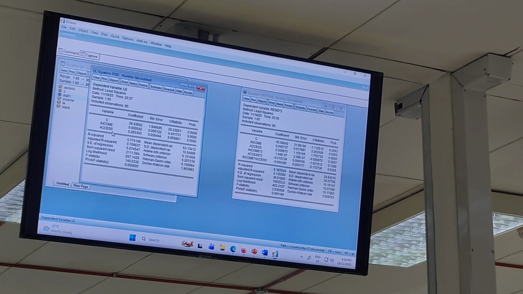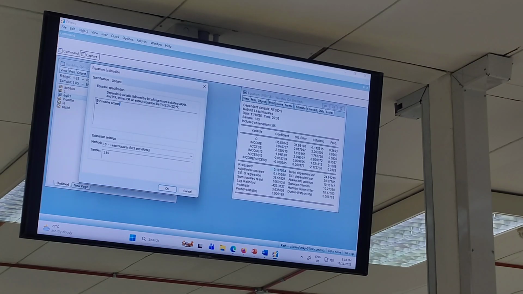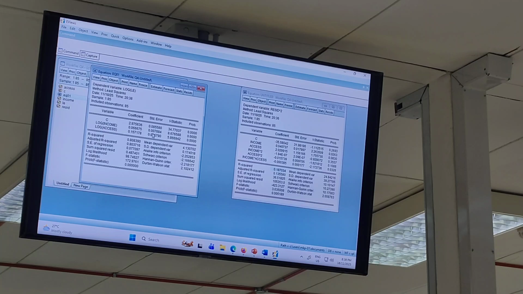For example, use the double log model. You can try the double log model. So in the double log model, you add log. Okay, so we get this.